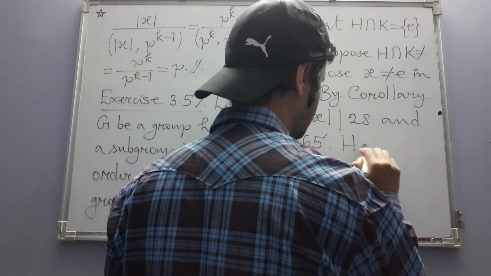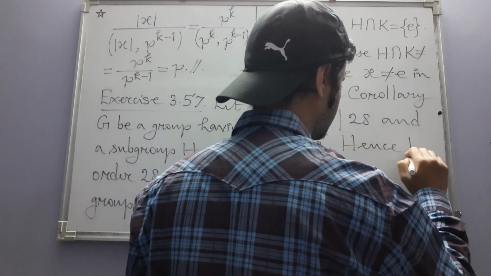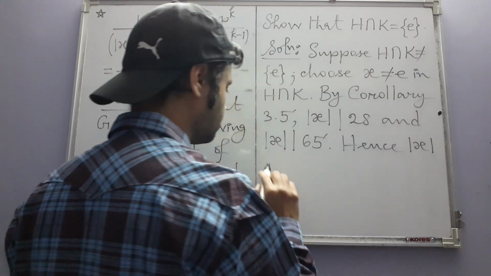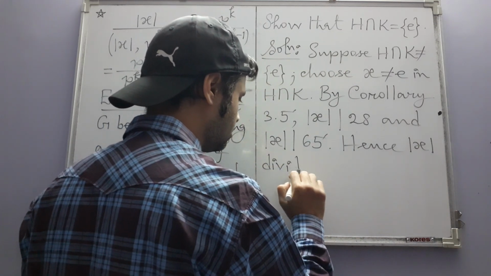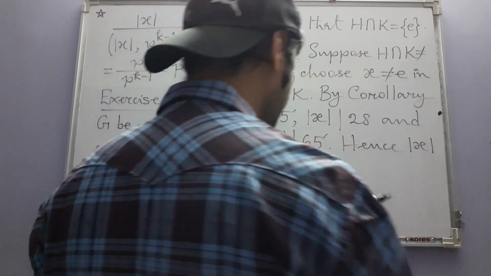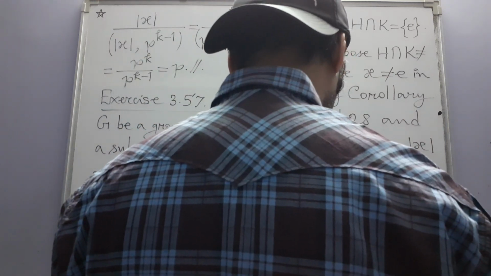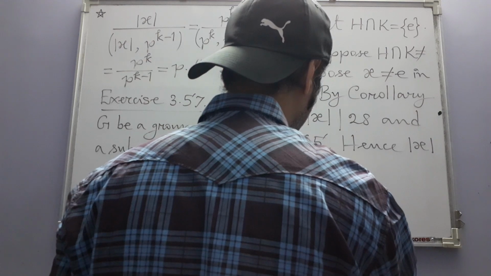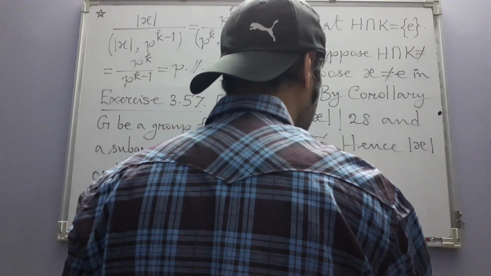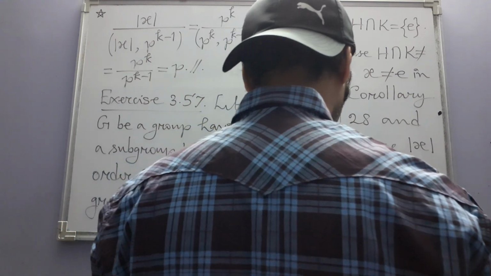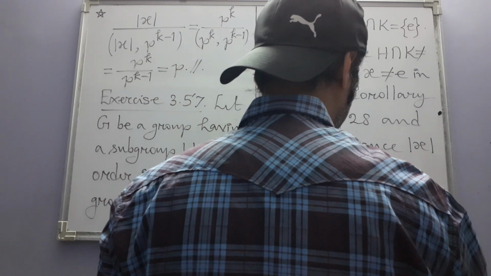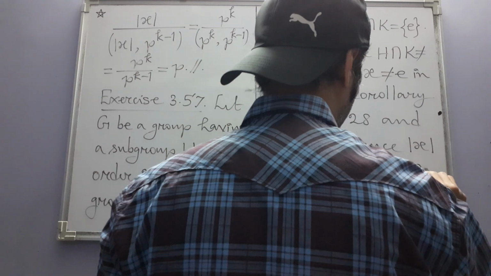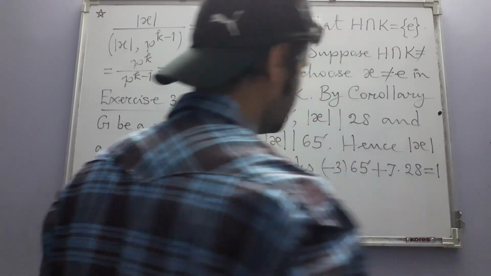Hence, the order of X divides this number as well, which is -3 times 65 plus 7 times 28. That means it is 1.